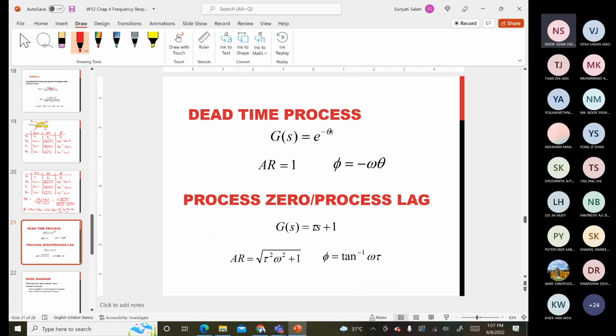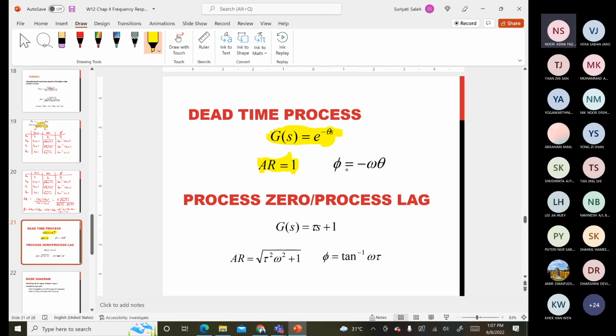So this one, I already show you the kind of the tau s plus 1 and the number. And in some cases, you may have the dead time, the time delay. So whenever you have the time delay, let's say you have the GS equal to exponent negative theta S. So this contributes to AR equal to 1.